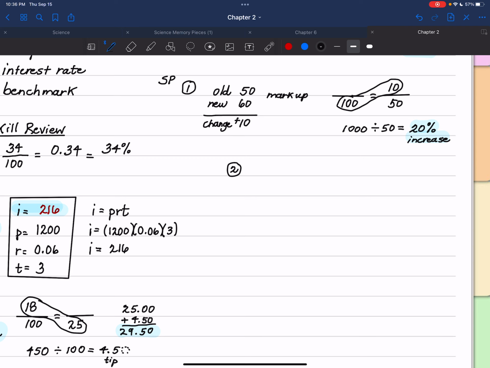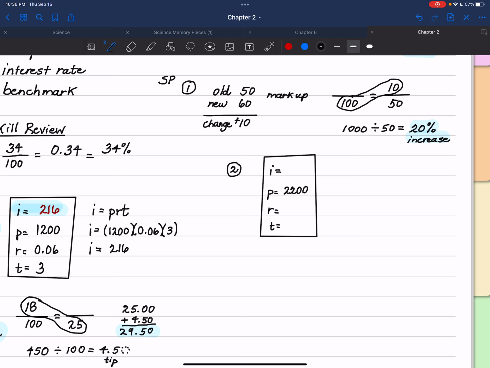Number 2. Elena wants to borrow $2,200 from the bank. Well, as soon as they say that, this is what I suspect we're going to need. I'm probably jumping the gun a little bit, but I think we're going to this time.